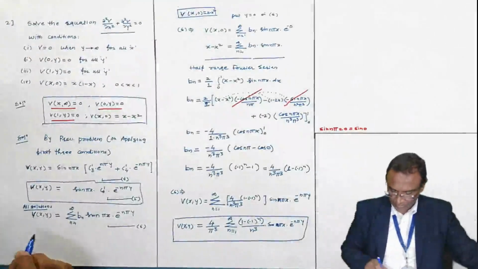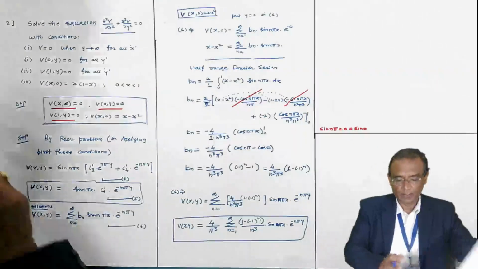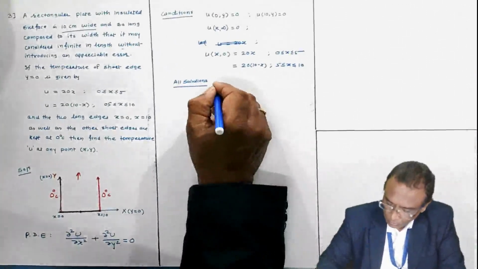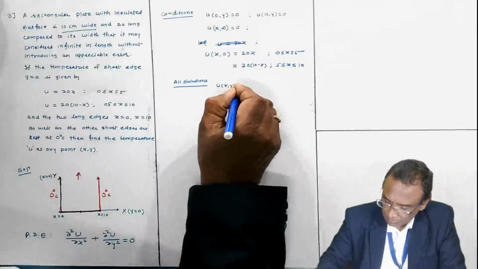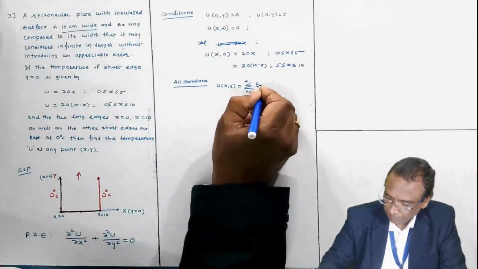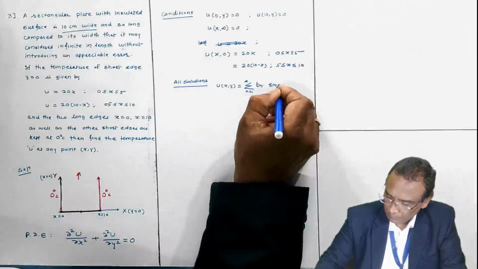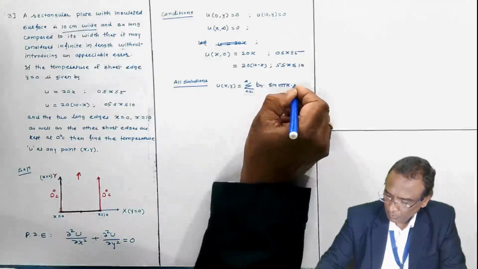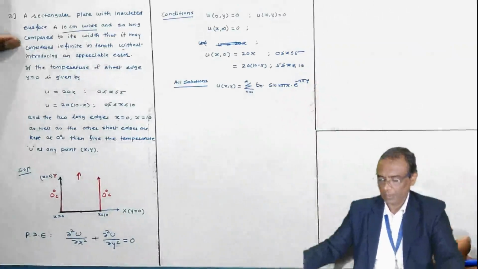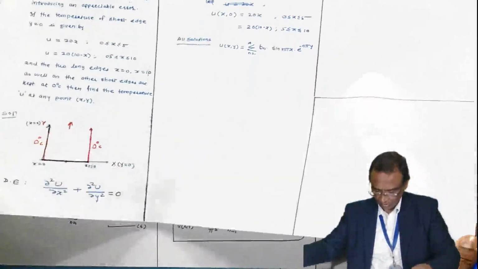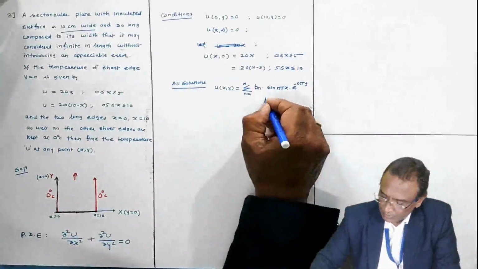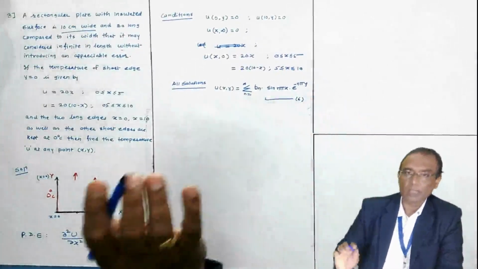Equation 6: u of x, y equals summation of bn sin(n pi x / 10) e to the power minus n pi y / 10. Is it? Now this is our equation 6. Now the last condition I have to use.